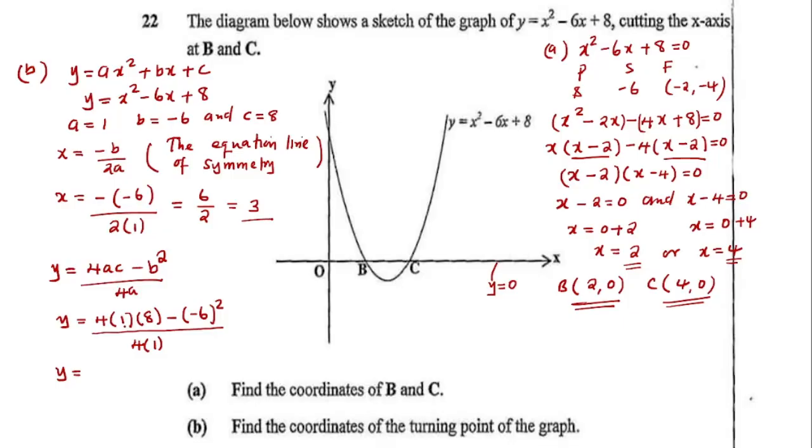So 4 times 1 is 4, times 8 is 32, minus negative 6 times negative 6, which is 36, over 4. If you subtract, we get negative 4 divided by 4. Therefore, the value of y is equal to negative 1.